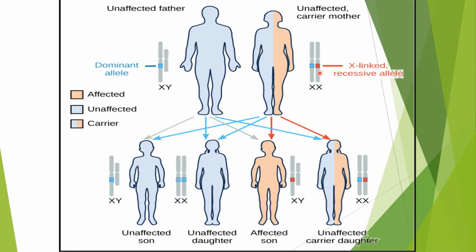Now what will happen when this X chromosome carrying the recessive gene combines with the Y chromosome of the father? It will result in an affected son, or a colorblind son, or a hemophiliac son, depending on which gene is present on the chromosome. Because why the character manifests in the son?